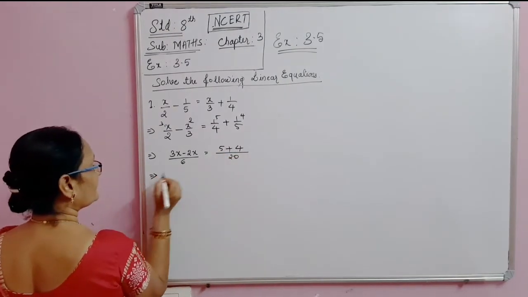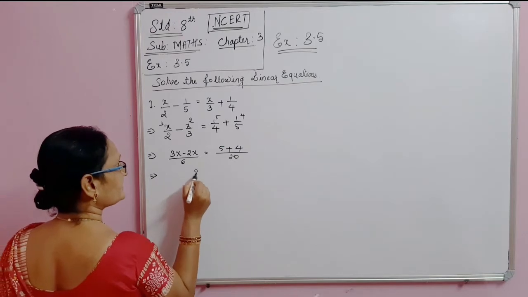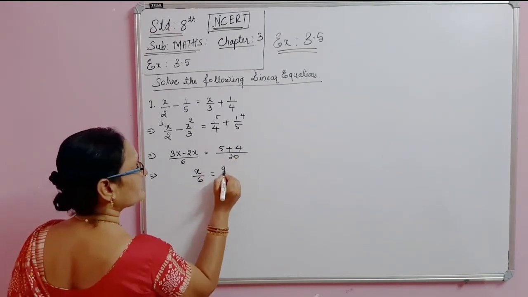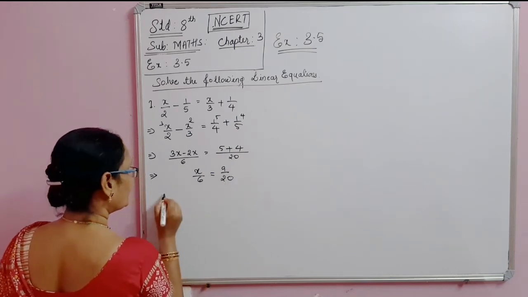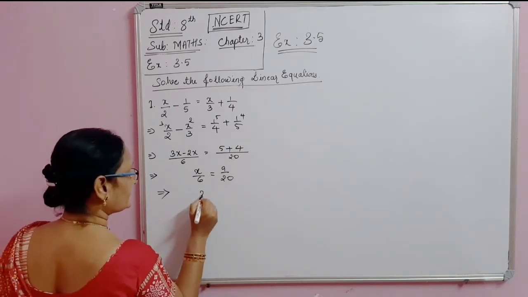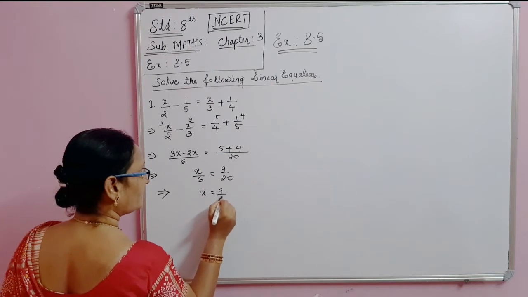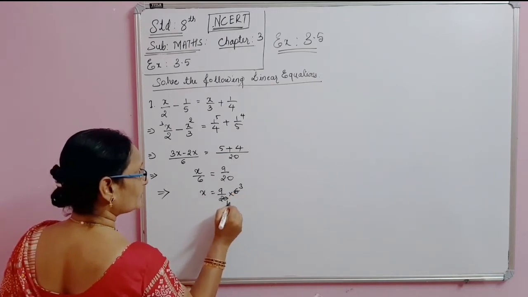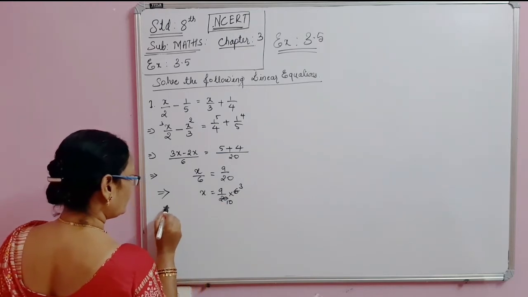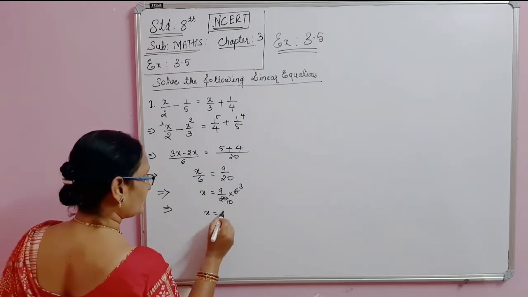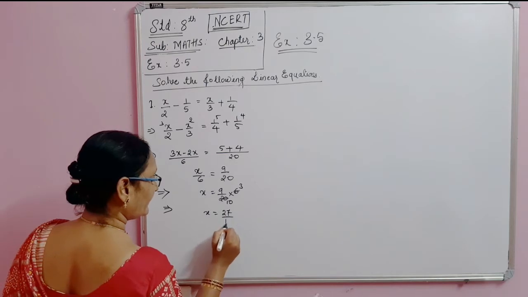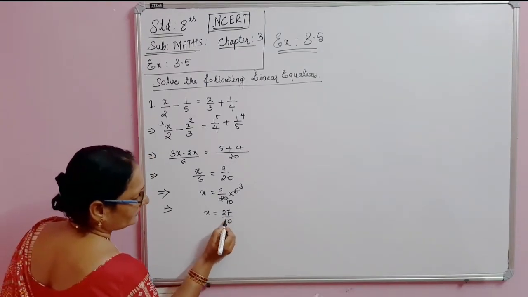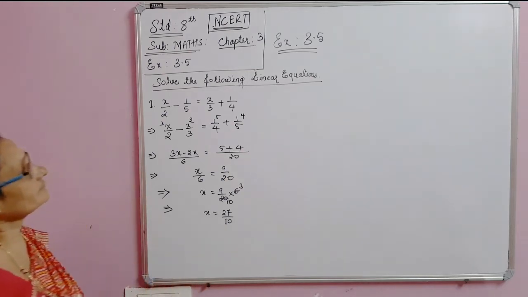So 3x minus 2x is x divided by 6 is equal to 5 plus 4 is 9 by 20. So this implies that x is equal to 9 by 20 into 6. 2 3s are 6, 2 10s are 20. So this implies that x is equal to 27 by 10. This is the answer of the equation.